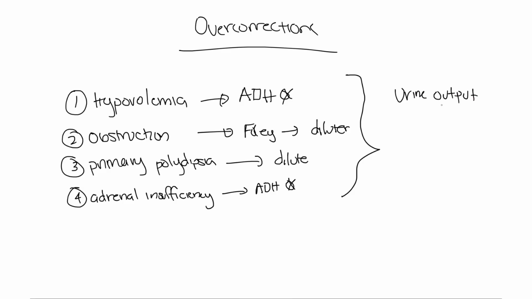Sometimes I'll just put a Foley in because I really want strict ins and outs and to determine how fast the urine output is coming out, because then I can trust my BMPs more or less. And once I get close to my goal, I give DDAVP plus or minus some D5W if I've overshot a little bit.